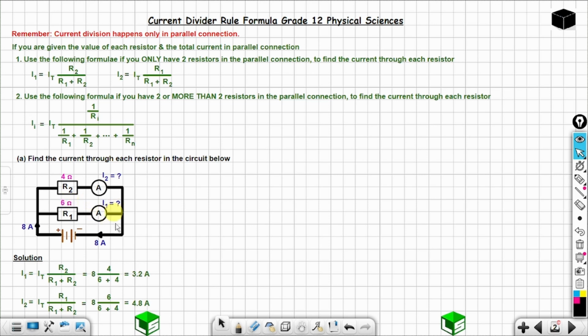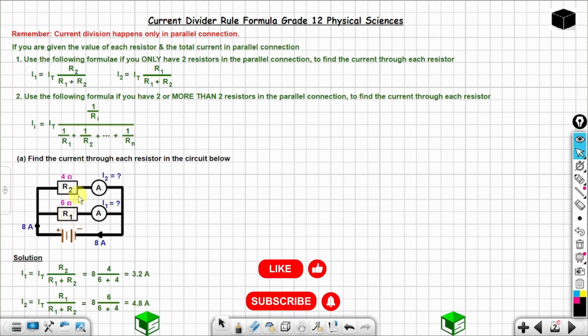With a smaller resistance, the opposition is smaller, so you are going to have a larger current flowing through it. The smaller the opposition, the larger the current; the larger the opposition, the smaller the current that is going to flow through the resistor.